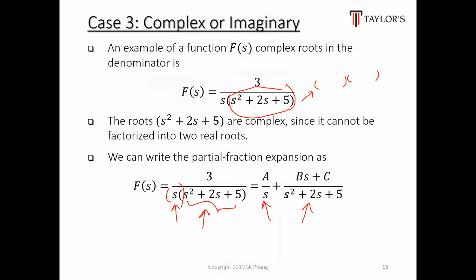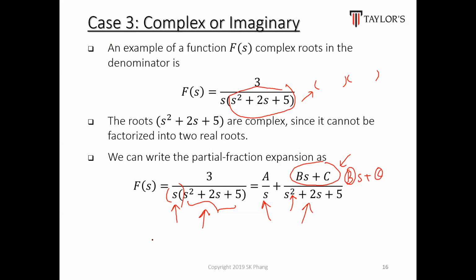And then if you look at the denominator of this second subsystem, it is s squared. So when it's s squared, your numerator needs to have an s term and a non-s term. So something s plus something else. Let us follow the alphabetical order. So this is Bs plus C.